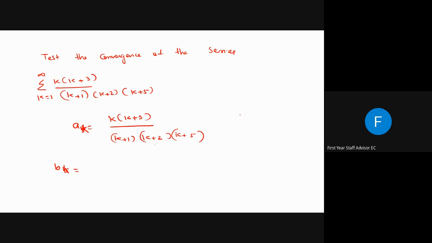The degree of the numerator is 2. 3 minus 2 is 1. So bk is taken as 1 by k raised to 1 degree.